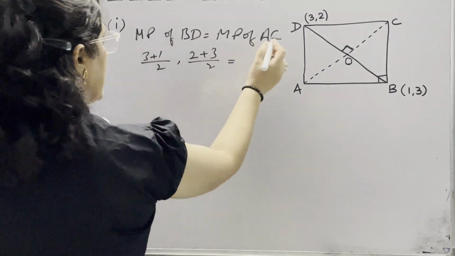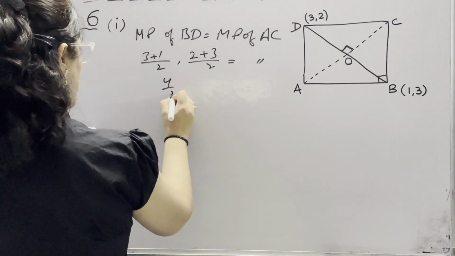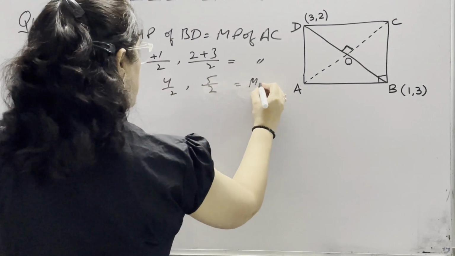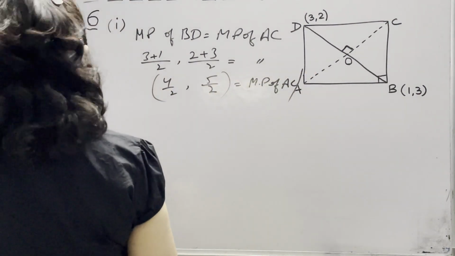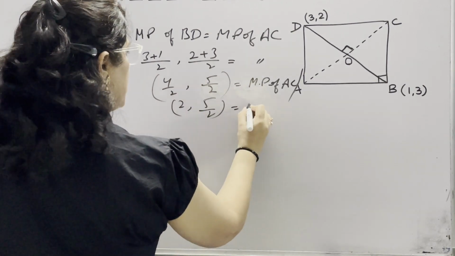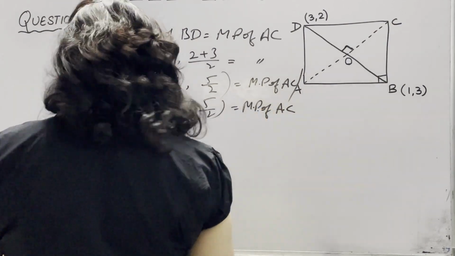This comes out to be 4 by 2 and 5 by 2. The midpoint of AC is also the same. It means (2, 5 by 2) is the midpoint of AC.